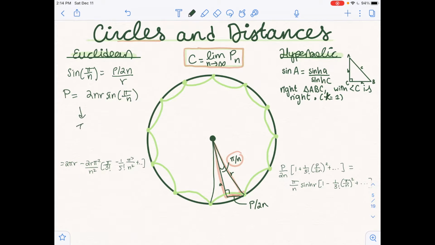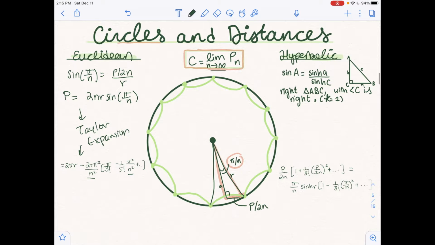Now we can use Taylor expansions to get the following, where we notice many of the other terms have n's on the bottom. In our limit as n goes to infinity, all the terms with n go to 0. So we end up getting that the perimeter, as we go to infinity, the circumference of a circle, is equal to 2 pi r.